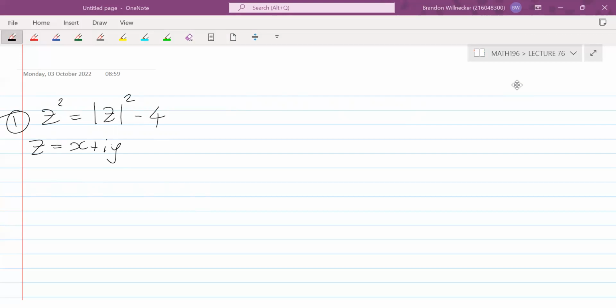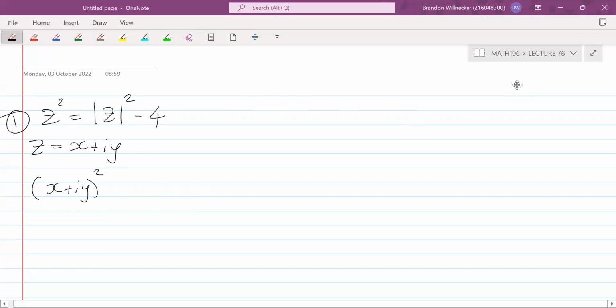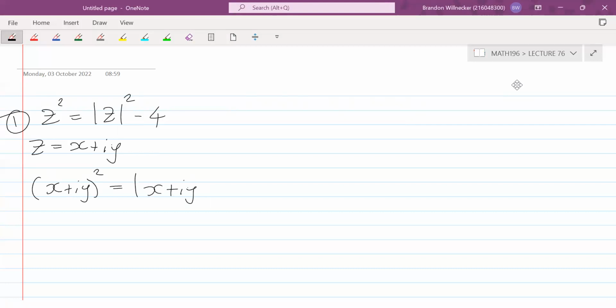For the left-hand side, we're going to get x plus iy squared. Then we're going to have the absolute value of x plus iy, squared, minus 4. Now we can just perform these operations because we know how to square a complex number. We know how to take the magnitude of a complex number, and we can square the result.